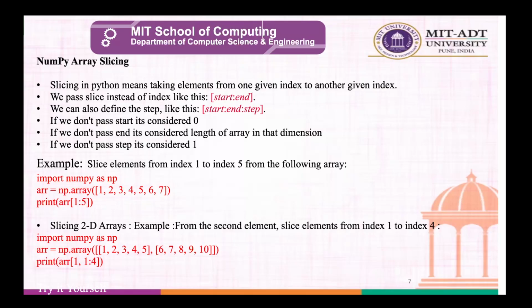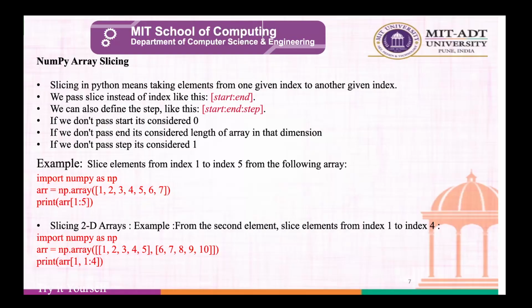In a two-dimensional array also we can use the slicing operation. Here is the example. From the given two-dimensional array, we want to slice from the second row, the elements from index 1 to index 4.